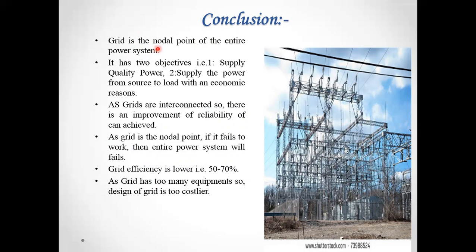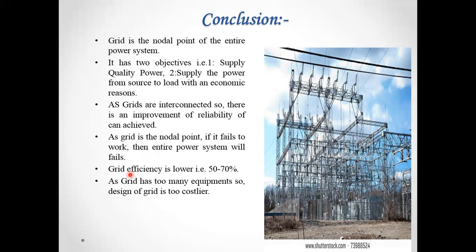The distribution happens from the grid only, and it has 2 major objectives: supply quality power, and supply the power from source to load within economic reasons. The intergrids are interconnected so that reliability can be improved. Reliability can be achieved as the grid is the nodal point, so if the grid fails to work, then the entire power system will fail.